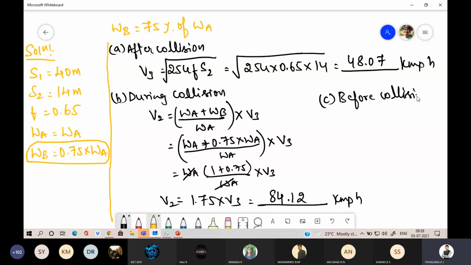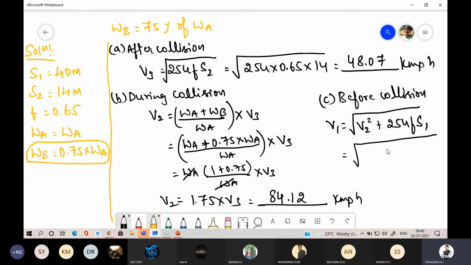Then calculate before collision. V1 is equal to the square root of V2 squared plus 254 f S1. So V2 squared, 84.12 squared, plus 254 into f, which is 0.65, into 40. Calculate the value. This is V1.